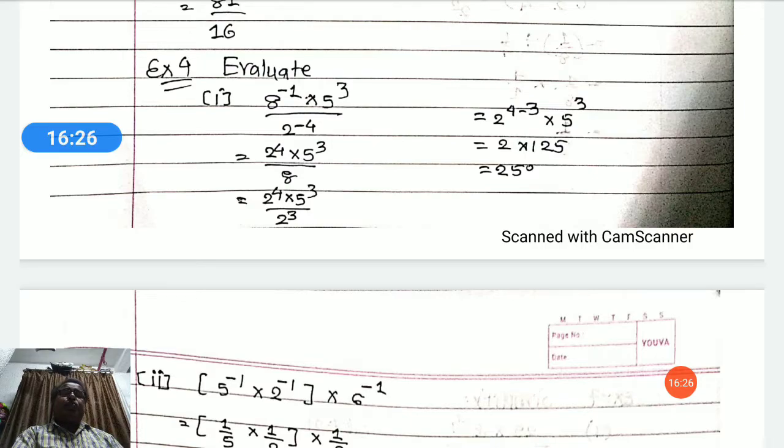We get 2 multiplied by 125. Answer is 250. Answer मिला 250.